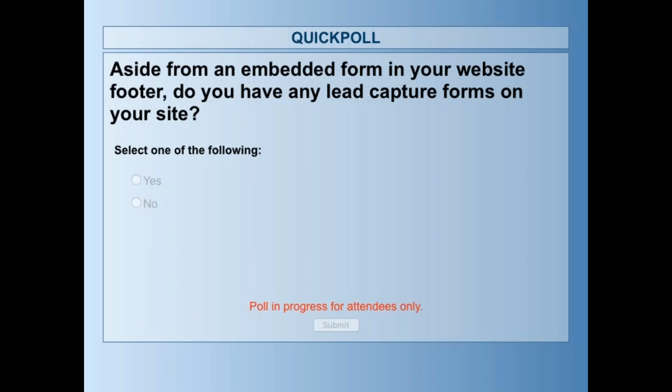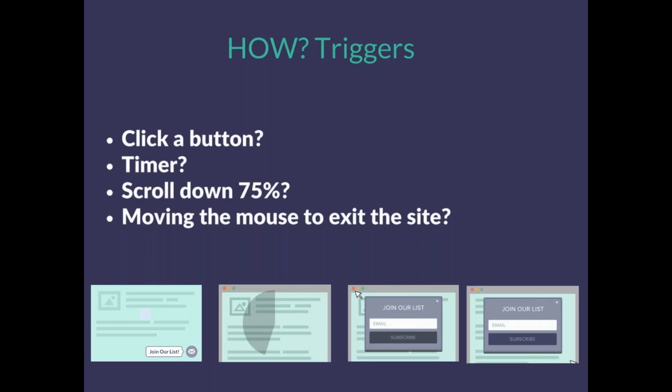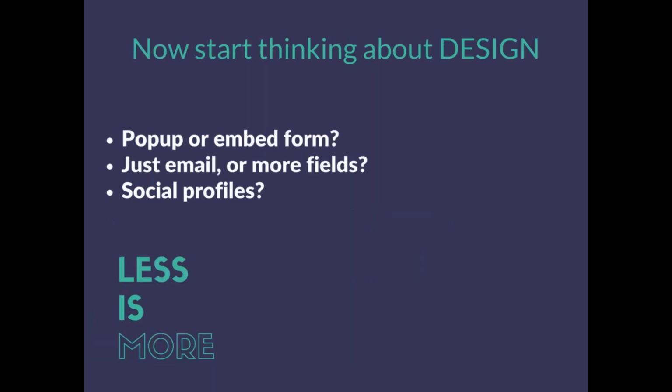Aside from the classic embedded form, maybe in the footer, do any of you have lead capture forms on your website? We're getting a lot of answers in. It seems that right now we have 49% say yes and 52% say no. Wow, pretty interesting. And we even have Anton said no. Okay, cool. And looks like final results are 46% said yes, 55% said no. Awesome. Well, that's super helpful.